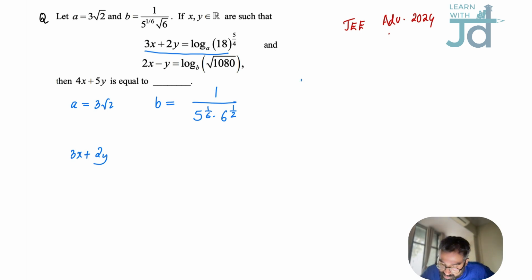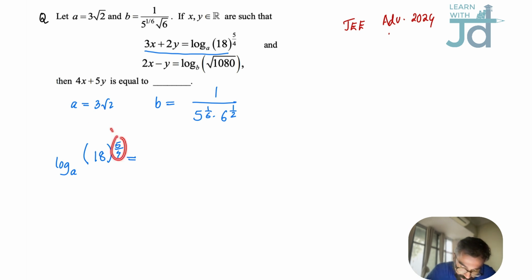So now this 3x plus 2y is equal to this number. First let us focus our attention on this number. Log base A of 18 raised to 5 by 4. I can bring this power to the left side of the logarithm: 5 by 4 log 18 to the base A. So A, I'm writing it as 3 root 2.